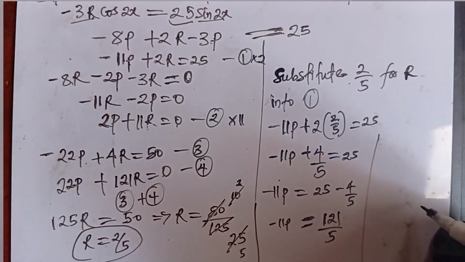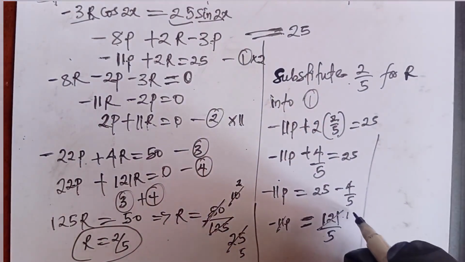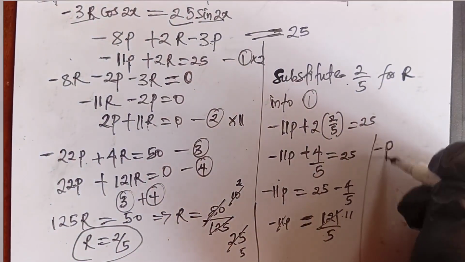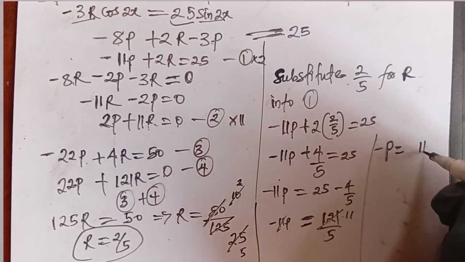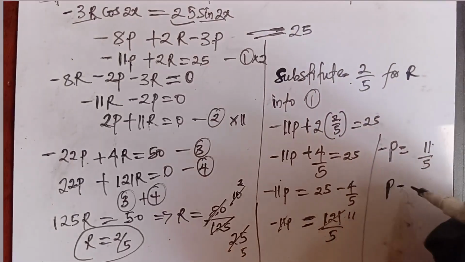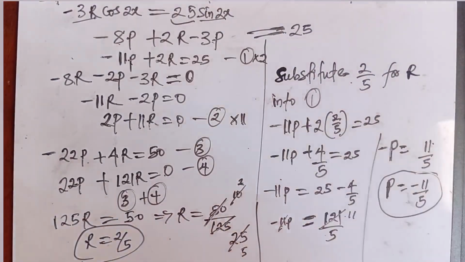You get it? So 11 divided into 121 is 11 times. What does this mean? This means that negative p is equal to 11 over 5. If the minus crosses, it means that p is minus 11 over 5. So this is p.